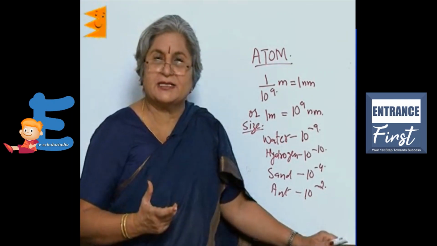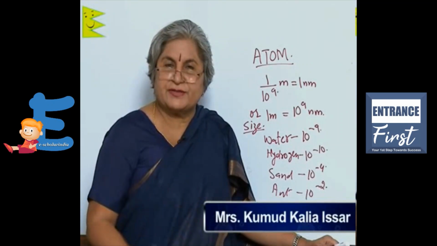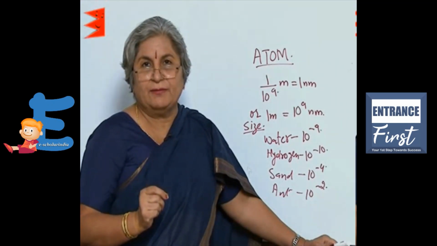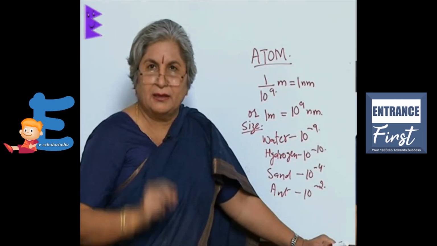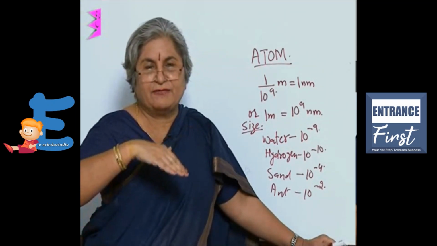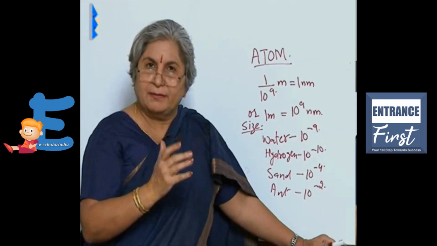Now the question arises, what is an atom? In biology you have studied that a living body is made up of building blocks, the cells. If you look at a building, what does a mason do? He keeps making layers of bricks and finally a room is made, then many rooms together, a building.